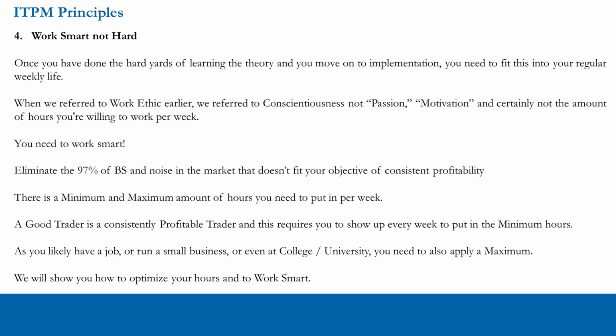Okay. When you're starting out, there's a minimum and a maximum. The minimum is obvious why you have it. Because if you're going to build a portfolio and you're going to trade it, it takes a certain amount of hours minimum to do so. But there's also a maximum that you have to apply. There is a diminishing marginal utility to working over a certain amount of hours per week on your trading, even if you're doing it to the standard of a professional trader.